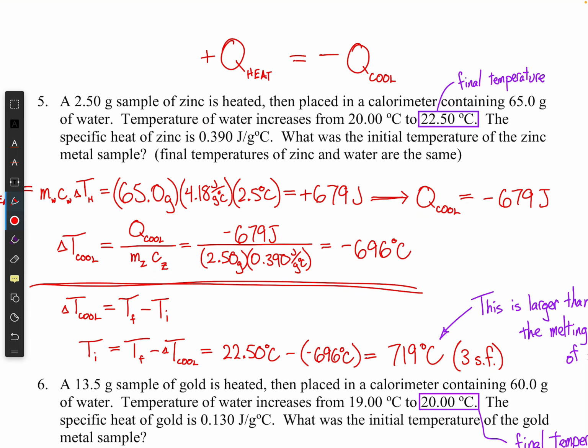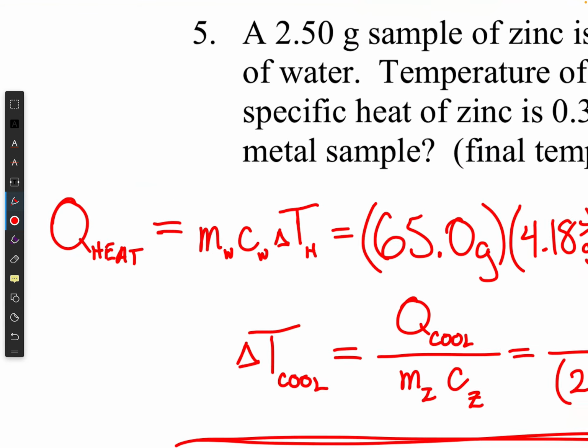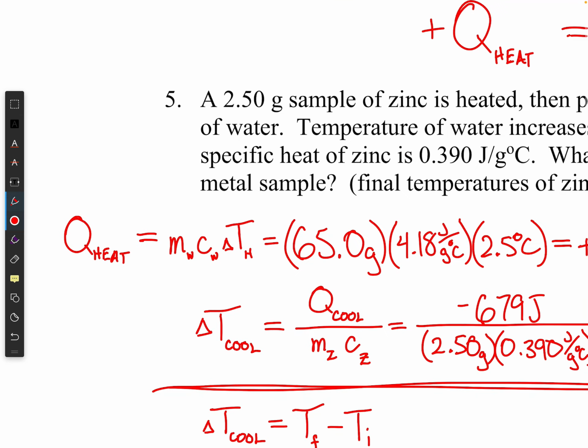The specific heat capacity of zinc is 0.390 joules per gram degree Celsius. And we're asked to find the initial temperature of the zinc. Okay, so let's break this down. The first thing you will want to do is calculate the heat required for the temperature change of the water.